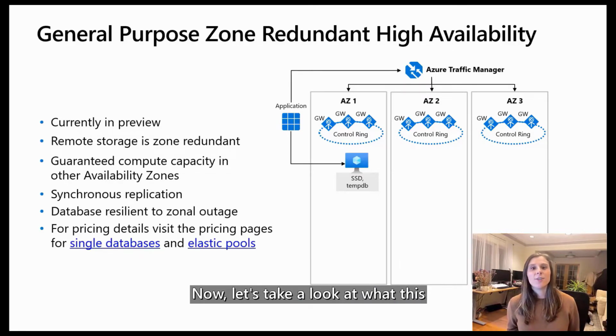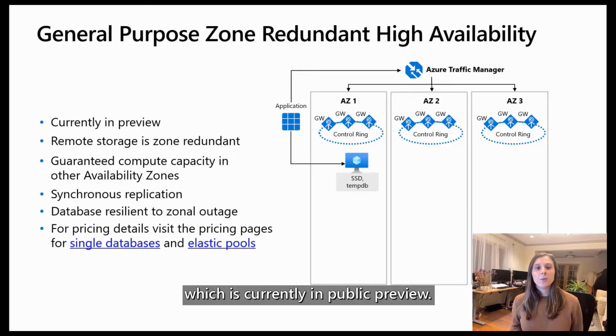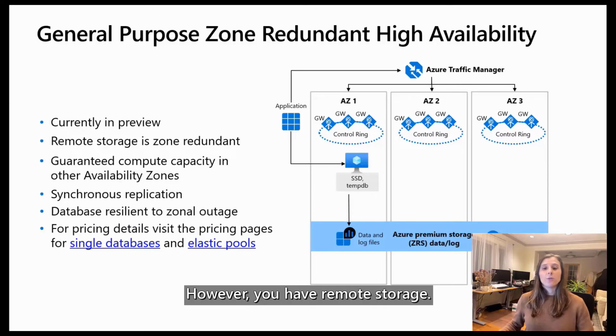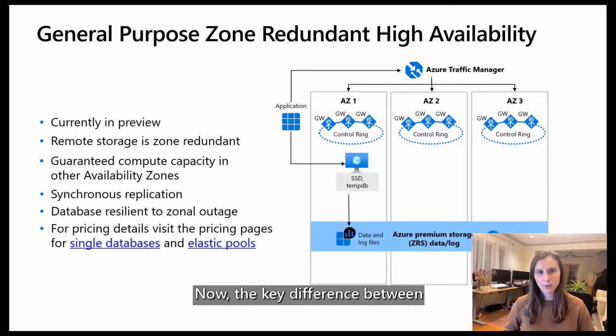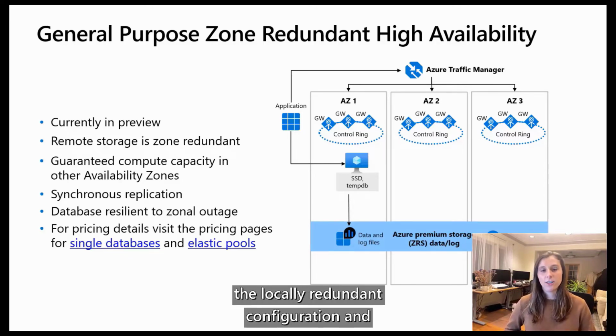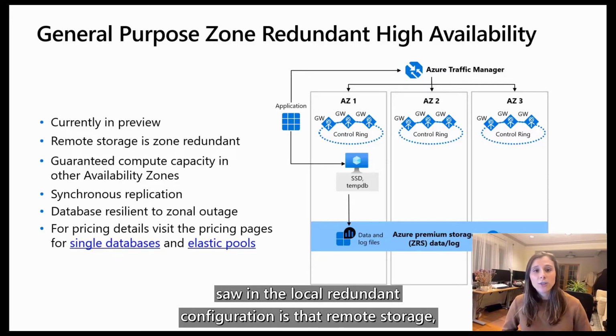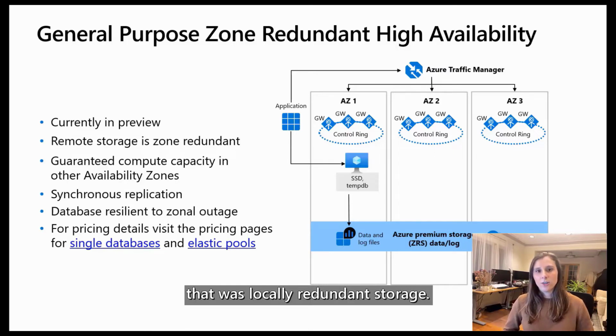Now let's take a look at what this looks like for the general purpose tier, which is currently in public preview. This will also look really similar to the locally redundant architecture that we saw for the general purpose tier, where you have local tempdb, however you have remote storage. The key difference between the locally redundant configuration and the zone redundant configuration is that in the locally redundant configuration, the remote storage was locally redundant storage.